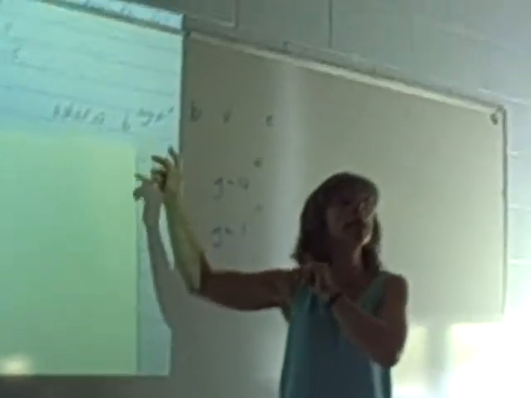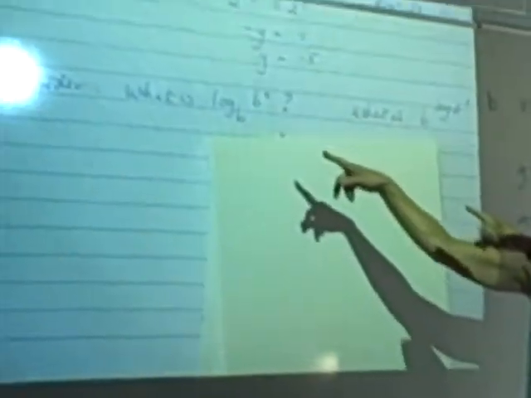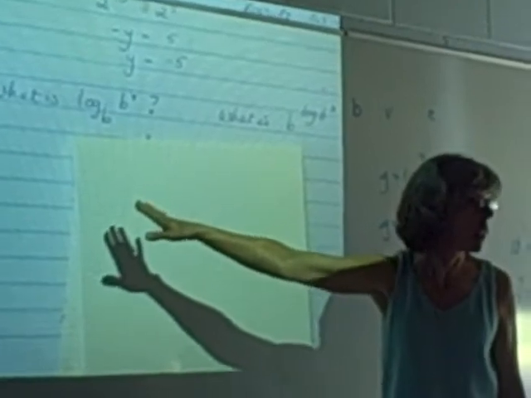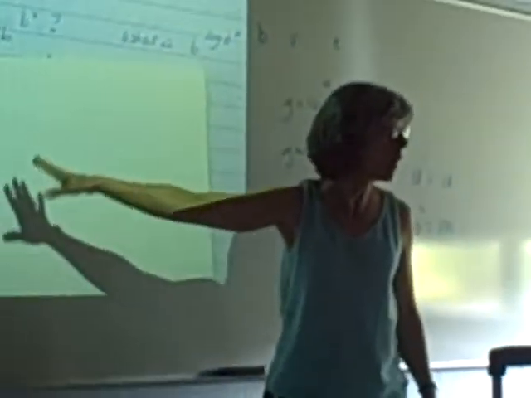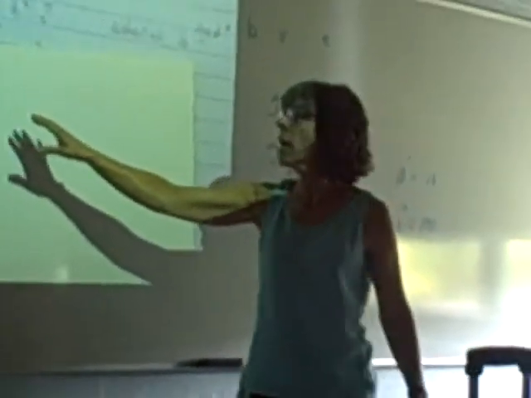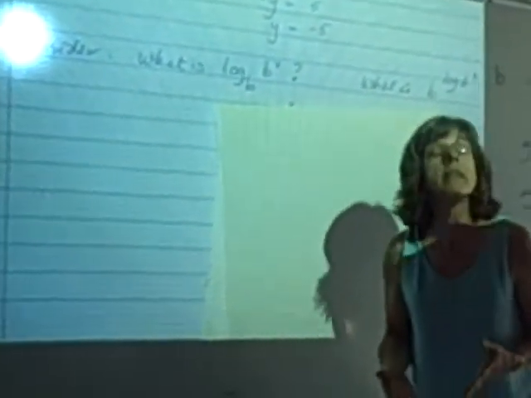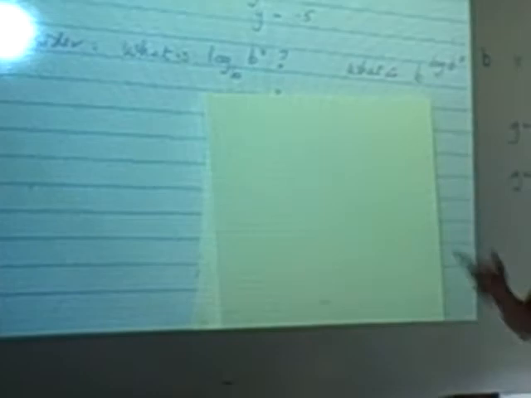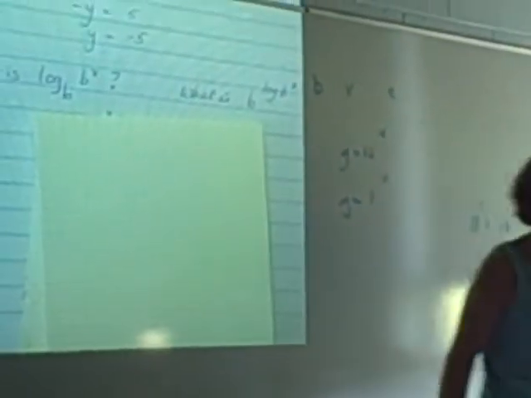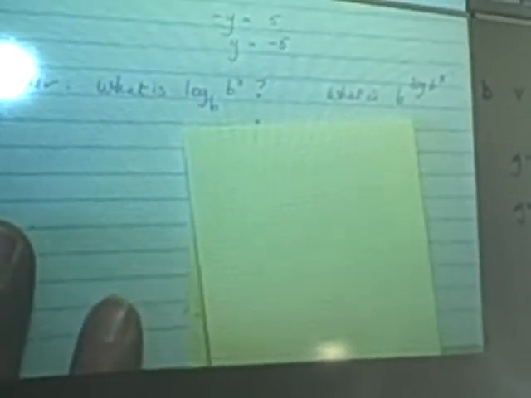This is exponential form, and this one is in logarithmic form. And I know that when I have a logarithm, my answer is an exponent. So do these two things mean the same thing? Yes, they do. They mean the same thing, just written a little bit differently.